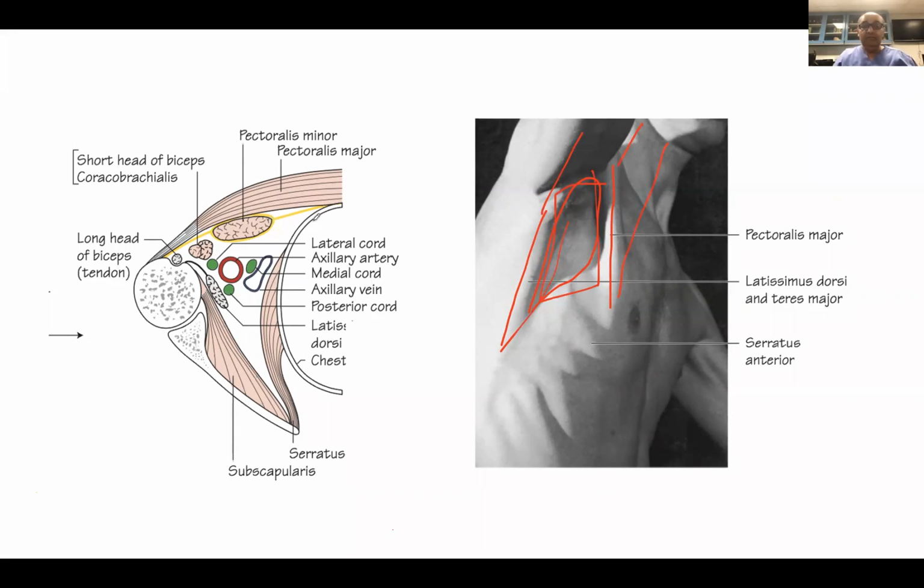So now we cut a section here, and this is the front part. You're looking at pec major and pec minor. Can you see this yellow thing? Guys, can you tell me what is this yellow thing?